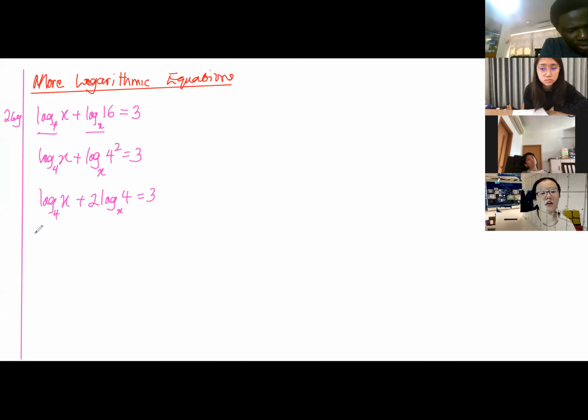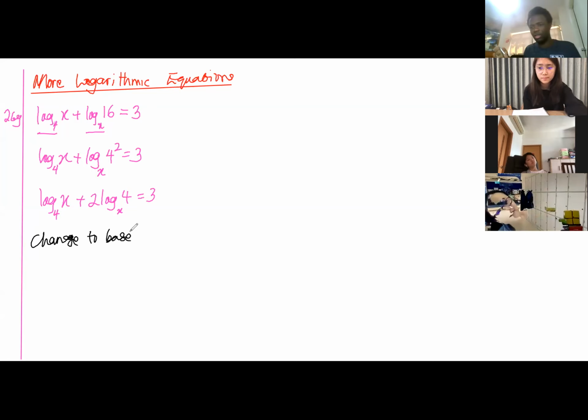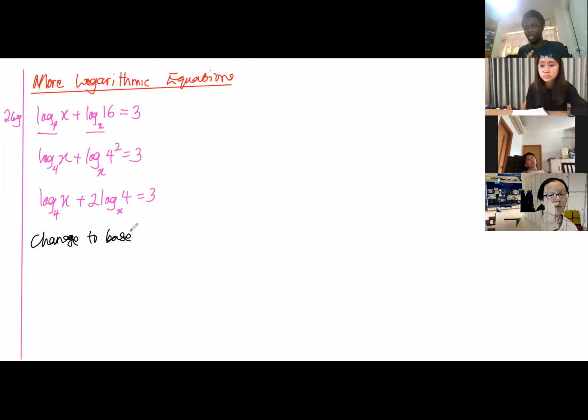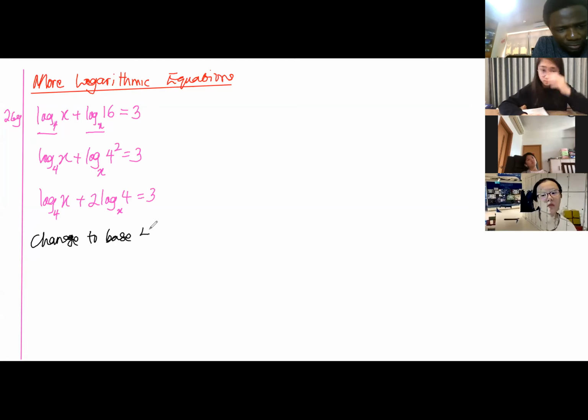The first way, you can change to base 4, or you can change to base x. Your choice. You have to be consistent: change to either base 4 or base x. So I'm going to first change to base 4.